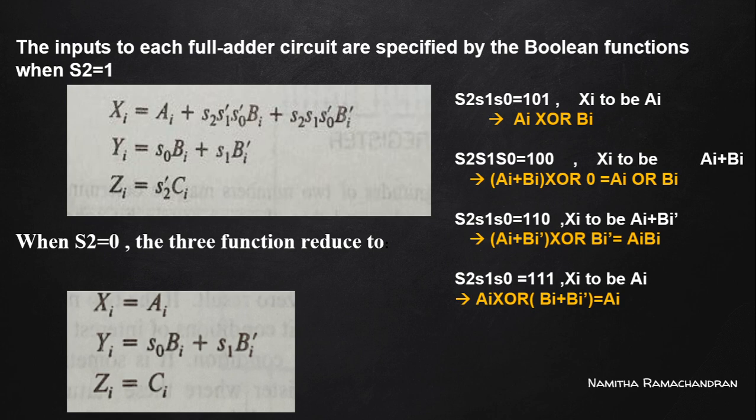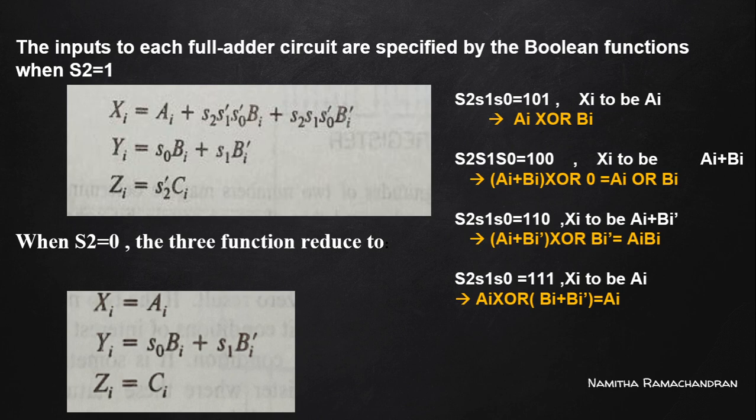Okay, so consider the next case, S2, S1, S0 equal to 1, 1, 1. In that case, Xi becomes Ai. The two remaining terms become 0. So Xi becomes Ai itself. Okay, and Yi becomes what? S0 and Bi is Bi itself. S1 and Bi complement, 1 and Bi complement, becomes Bi complement.